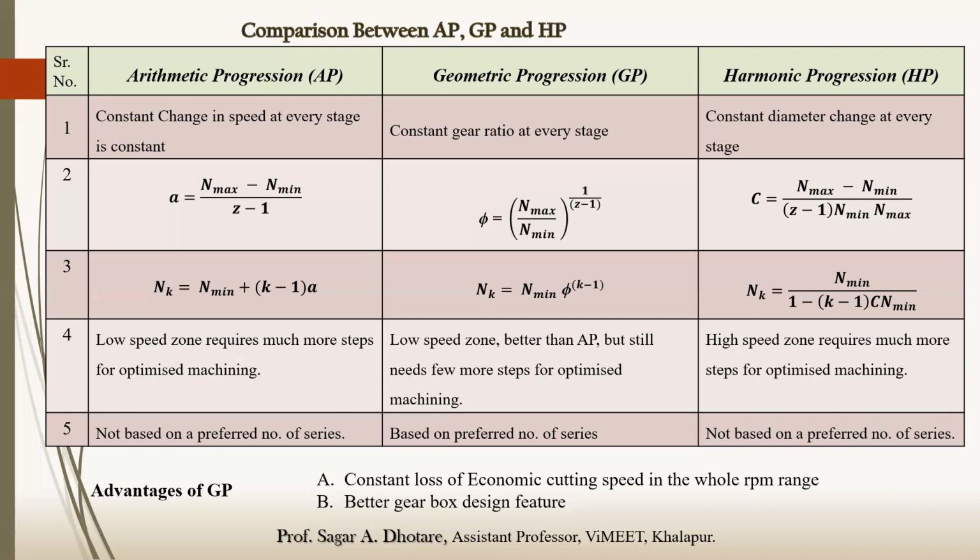In today's lecture, we have discussed the basic laws which we use while designing the multi-stage gearbox, plus the basic requirements. We have also discussed the formulation for each law, that is arithmetic progression, geometric progression, and harmonic progression.